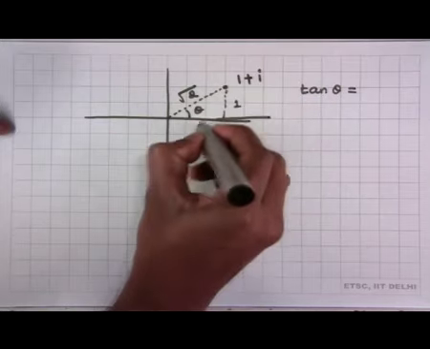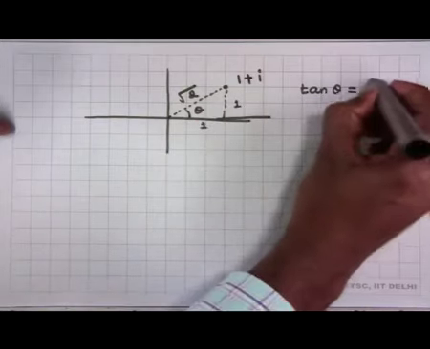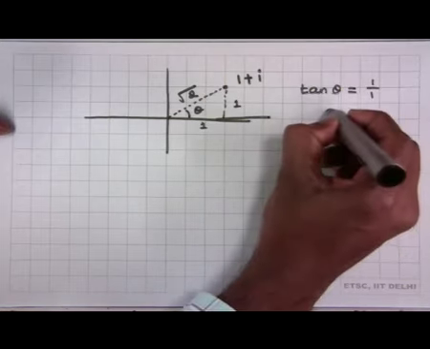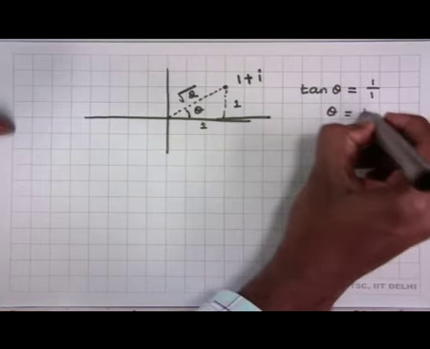Here y is 1 and x is 1, so theta is pi by 4.